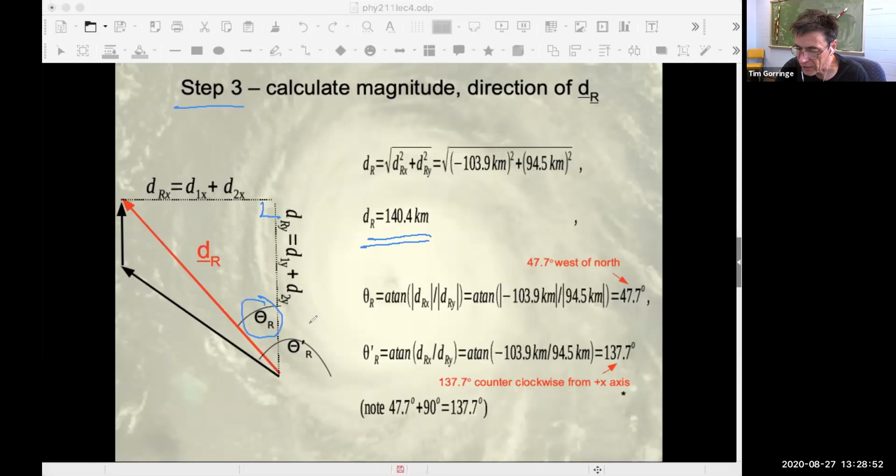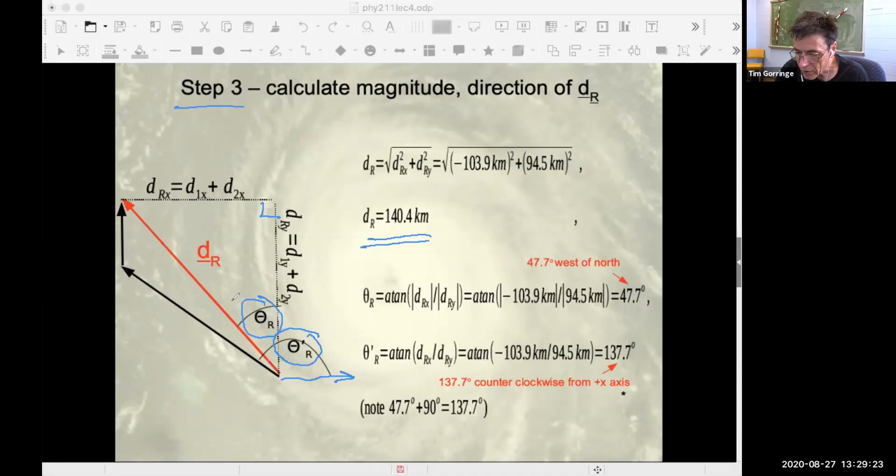Or if I was thinking of the x and y components, horizontal and vertical directions, I could specify the direction with respect to the positive horizontal x-axis. How many degrees around counterclockwise from the positive x-axis is the hurricane's displacement vector? Depending on the question, you might be asked for either one of these. So I'm just going to answer with both of these in this particular case.